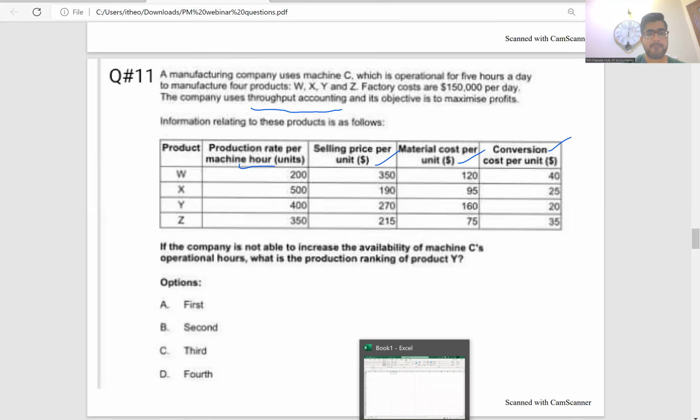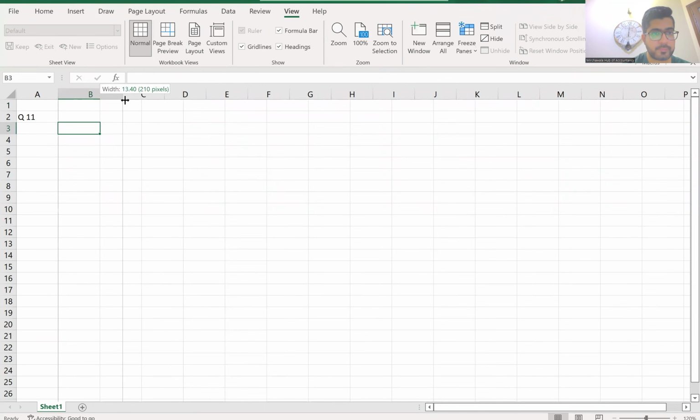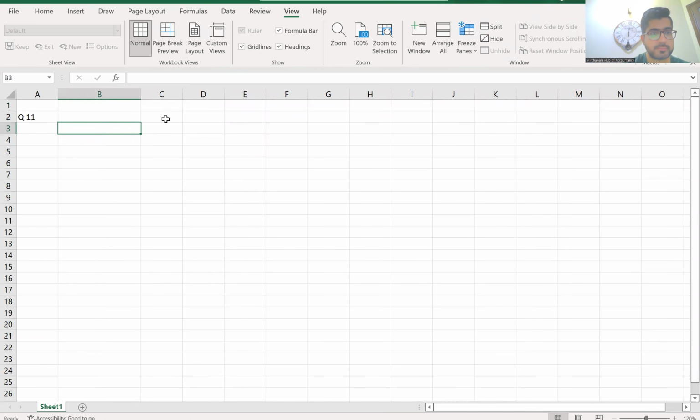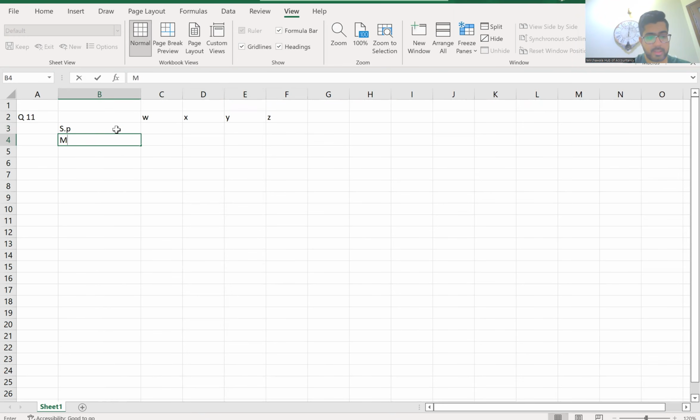Now, if we talk about question number 11, there are 4 products, W, X, Y, and Z. Selling price is given, material cost is given, and production rate in units per hour.